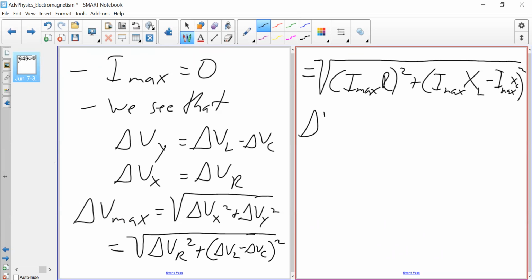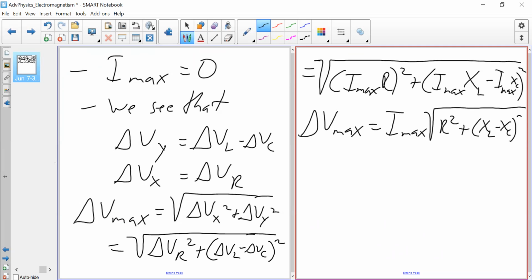Squeeze that in there. So delta V max is going to be, factoring out this I max, I max times the square root of R squared plus XL minus XC squared.